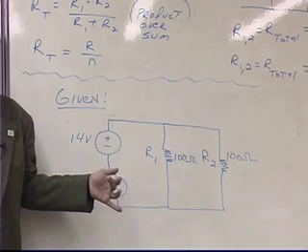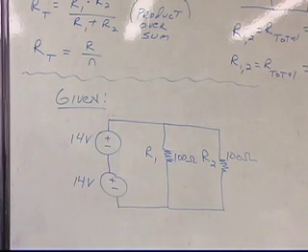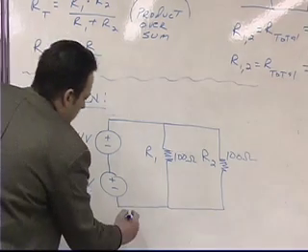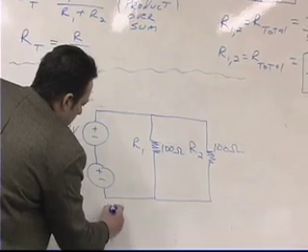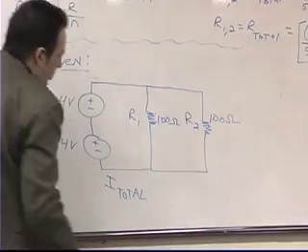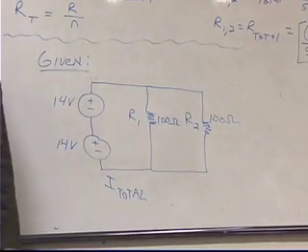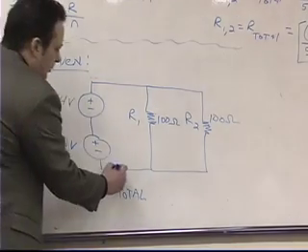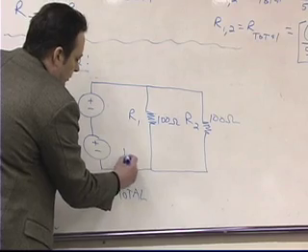Okay? Now, what is the first thing that you would do if you were asked to find what the total current was in the circuit? In other words, what is this current right here?